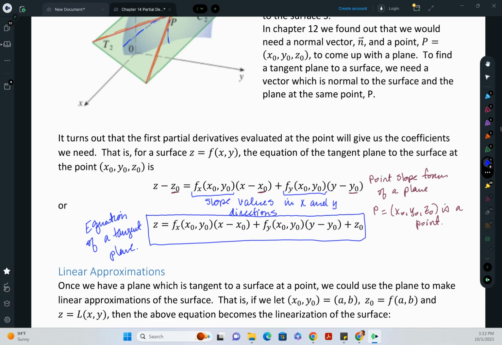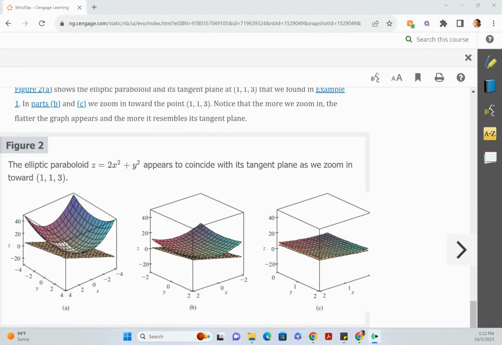Now, one thing I want to make very, very clear, and I want to go back to that picture that I had before, is that the tangent plane can be used to approximate a surface. So notice the third picture again. In the third picture, we're zoomed in enough so that the surface is starting to look flat, and the tangent plane is starting to look like a really good approximator of the surface.